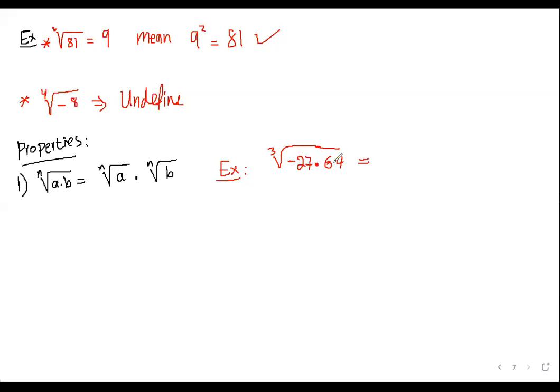So what is that equal? By using this property, it is the third root of minus 27 times the third root of 64.